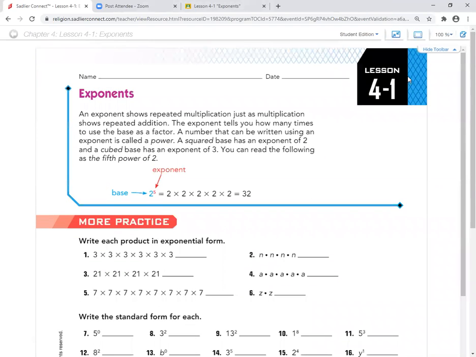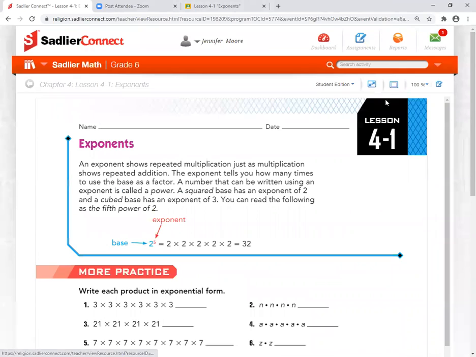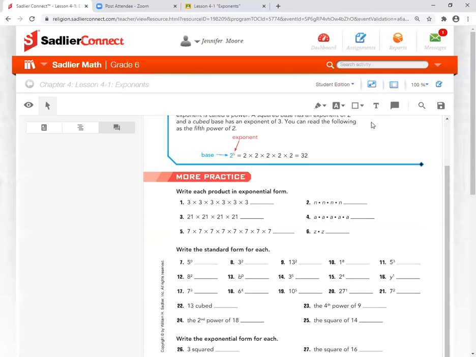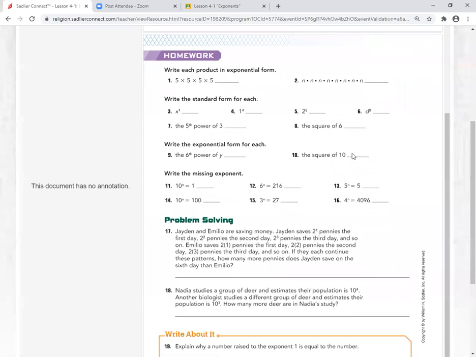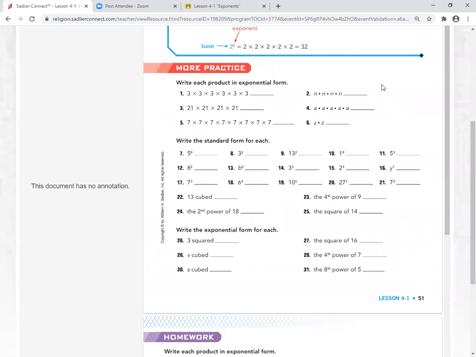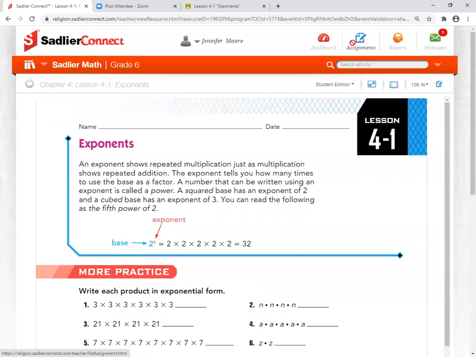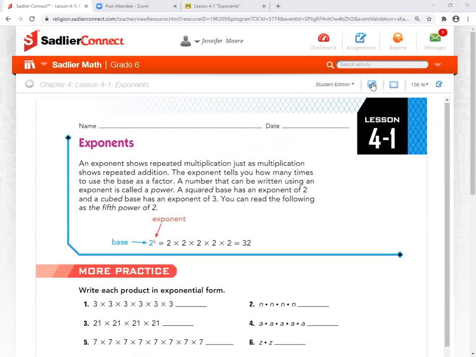So let me see if I can get my annotate features to show up here. I want to get down to this page here. Oh, I'll just use my Zoom one instead. That one didn't work last time. Yeah, okay. I'll use my Zoom annotate tools instead.